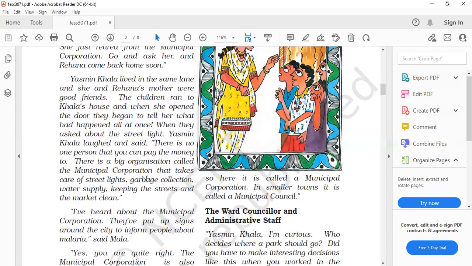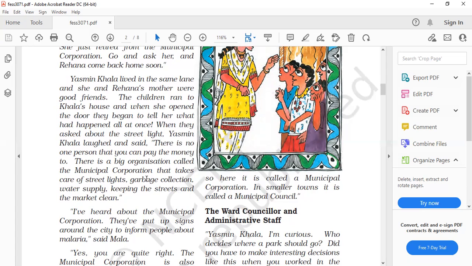First, you can start like this: the municipal corporation is a big organization that takes on several functions, such as, and you can write it pointwise: one, care of street lights, then garbage collection, then water supply, then keeping the streets and market clean.